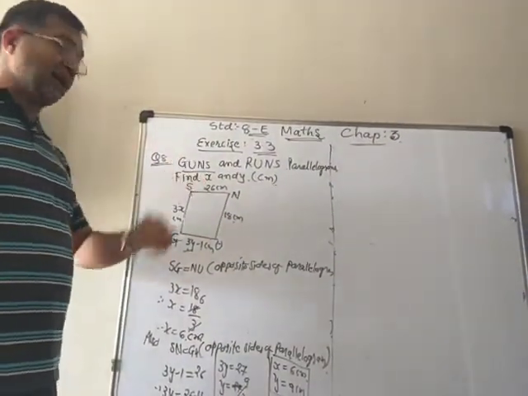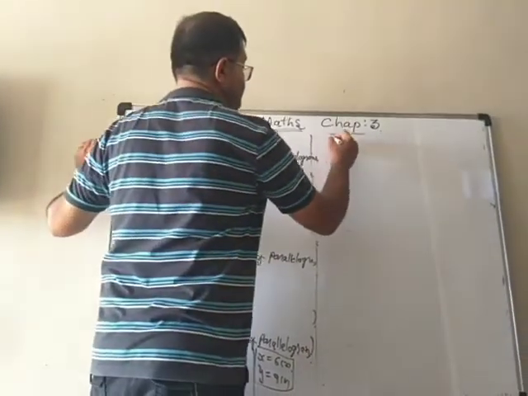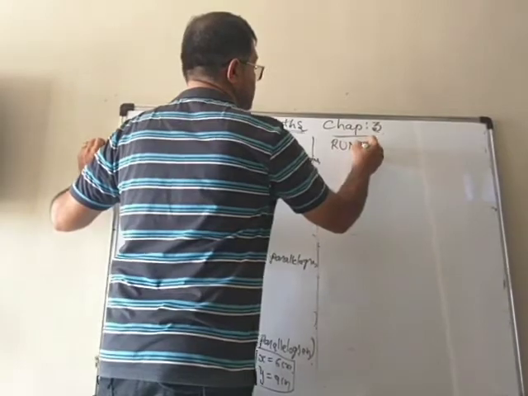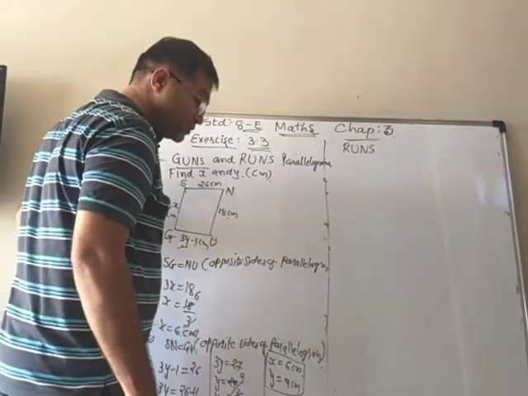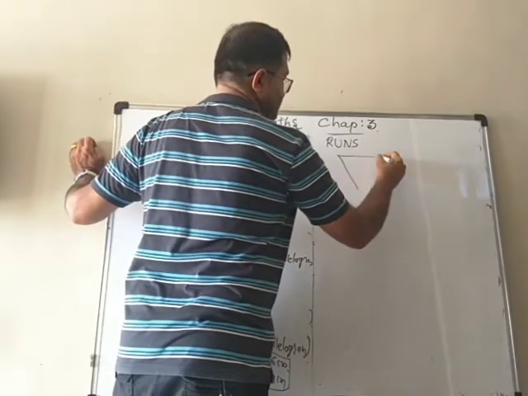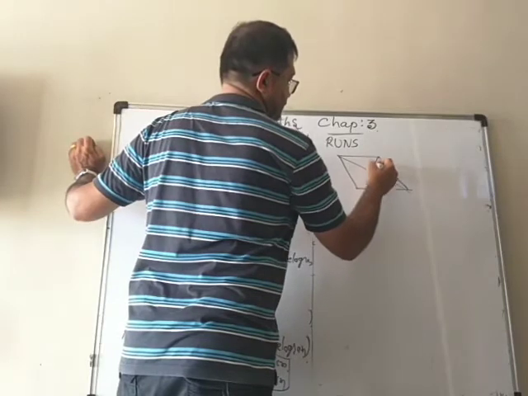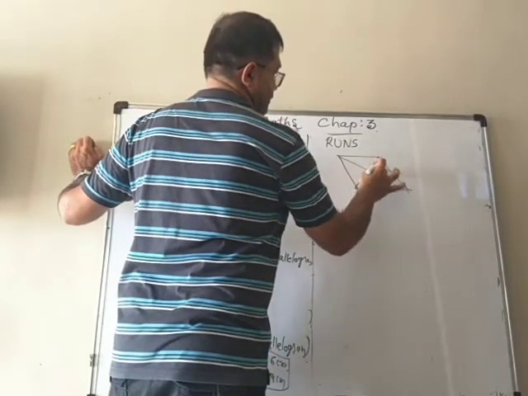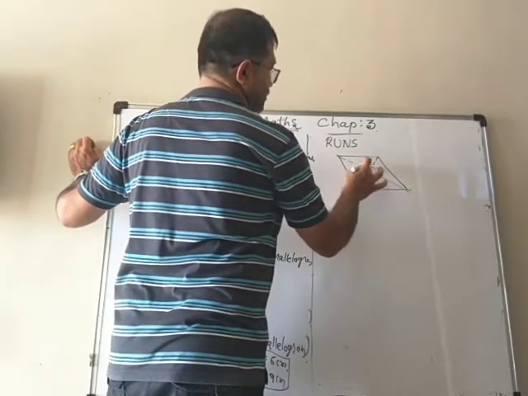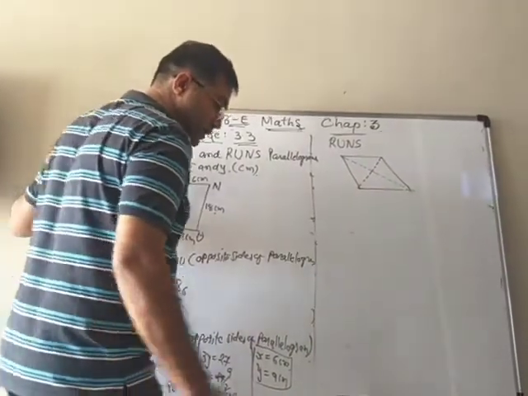So GUNS are finished. Now the second is the RUNS. So how does it look, RUNS? RUNS is a parallelogram like this. These are the diagonals. And how it runs?